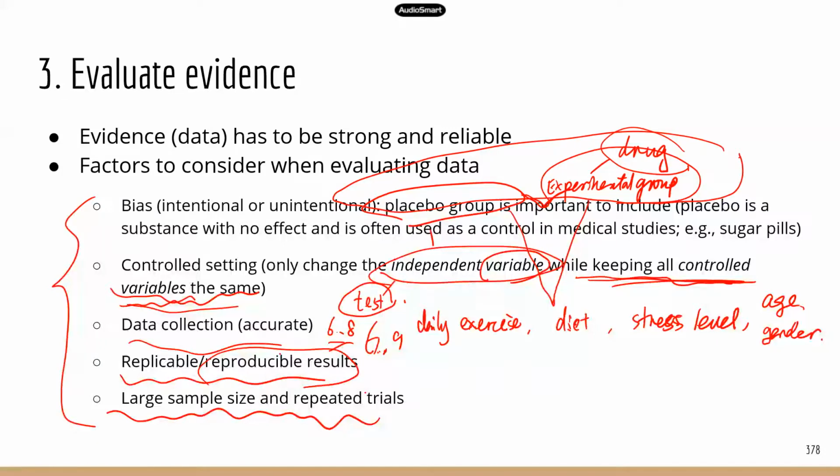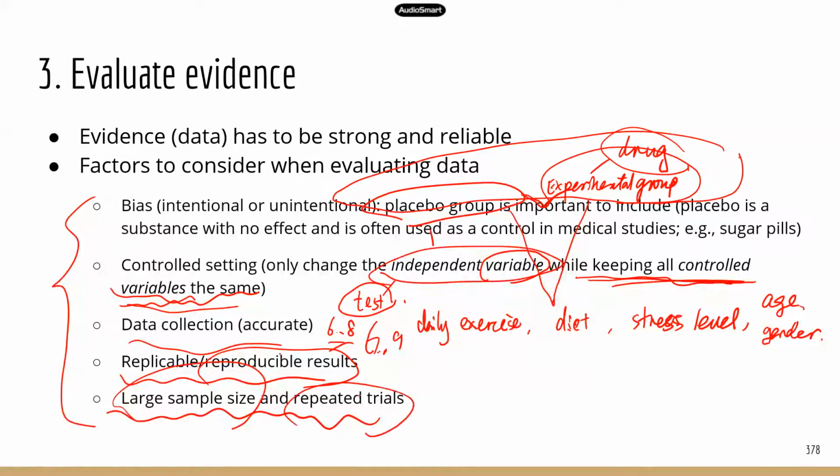Large sample size and repeated trials. So the larger the sample size is, the more reliable your conclusion is, right? Because a larger sample size will take into consideration all the variations among different subjects that you test. So it will give you a more accurate reflection of the actual data.